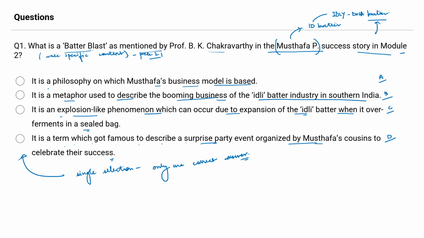Batter blast. We have to keep in mind that batter is not the cricket batter. It's the different batter, the one which is used to make idli dosa.